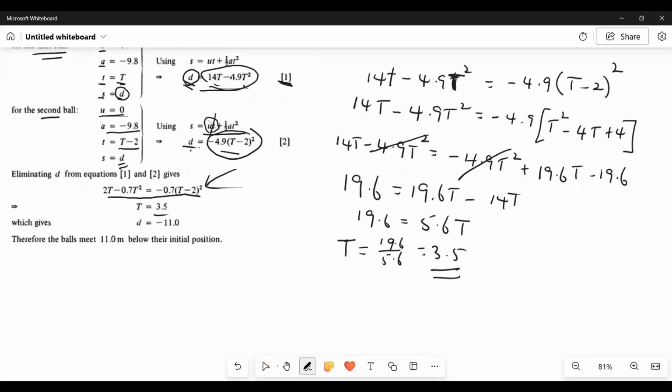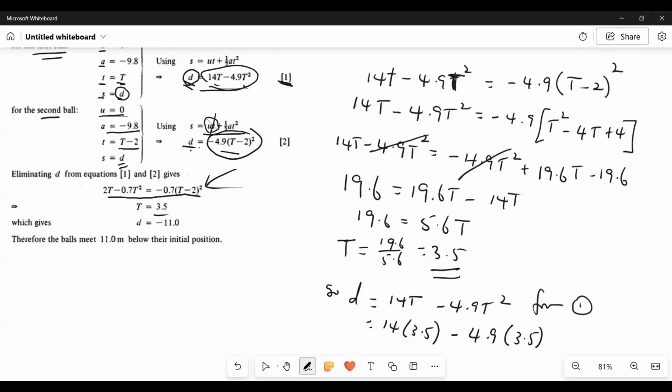So d equals, remember we said 14t minus 4.9t squared, from equation 1. So it's equal to 14 by 3.5 minus 4.9 by 3.5 squared.